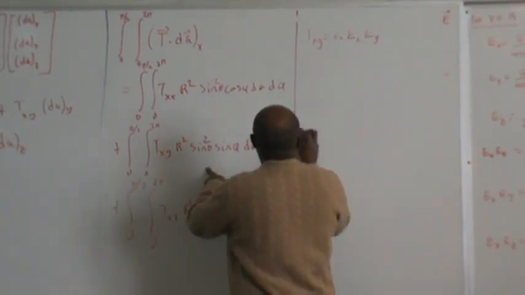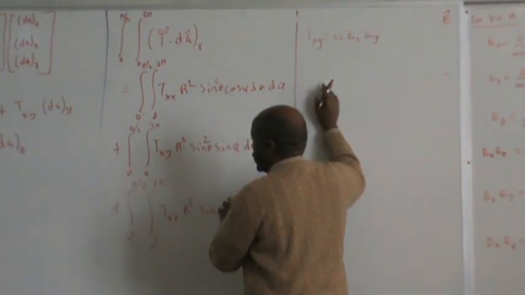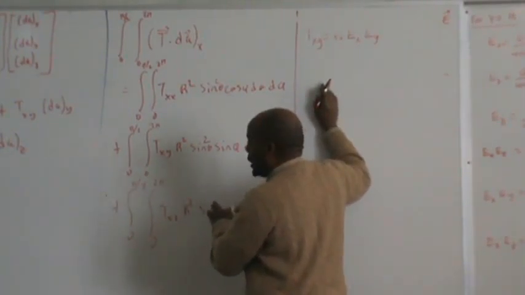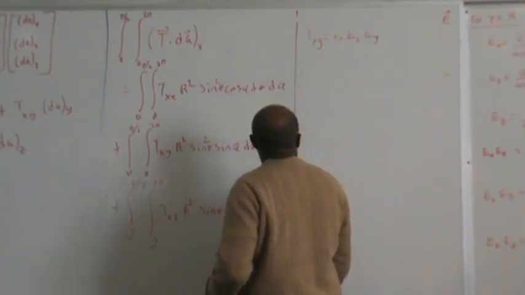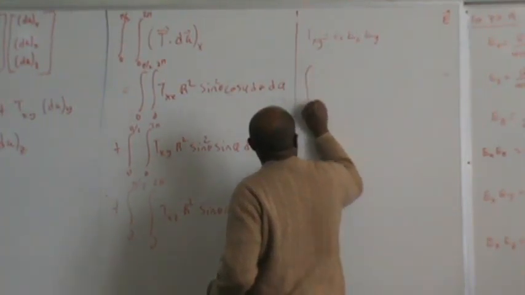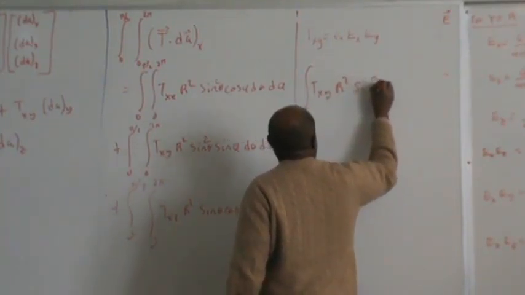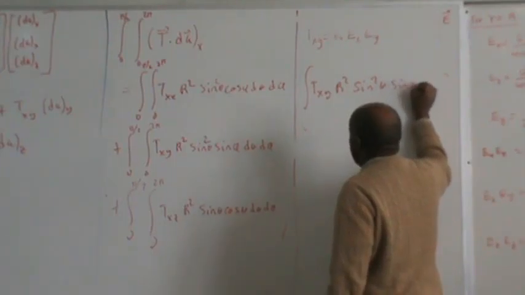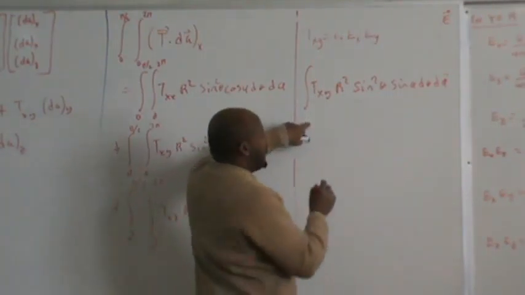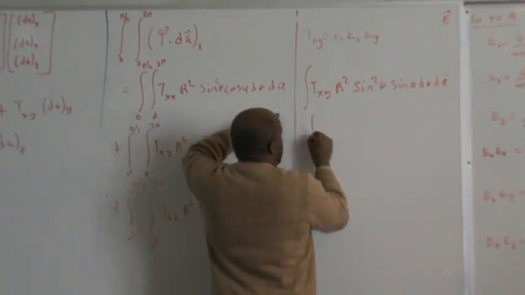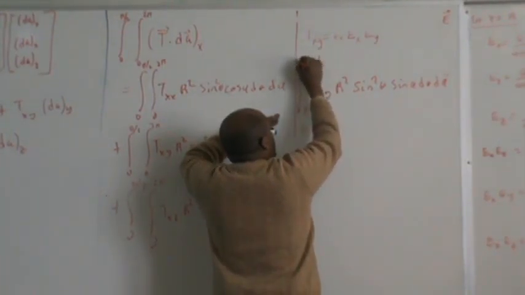So if this is, let me write it down explicitly just to show you it is going to be 0. If you can see that, I don't have to do it, but okay, so the integral of dxy r squared sine squared of theta sine of phi d theta d phi. Just if I write the integration for that, that's going to be the integral from 0 to pi over 2, from 0 to 2 pi.